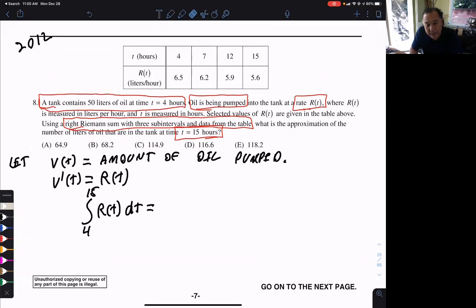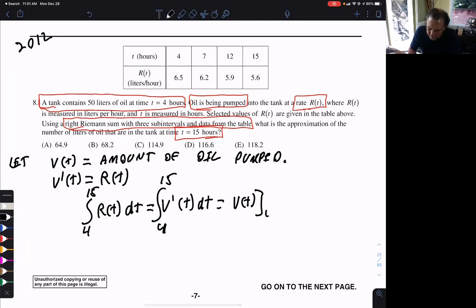R of T is V prime of T, right? So that's V prime of T, and the antiderivative of V prime is V, which is V of 15 minus V of 4.